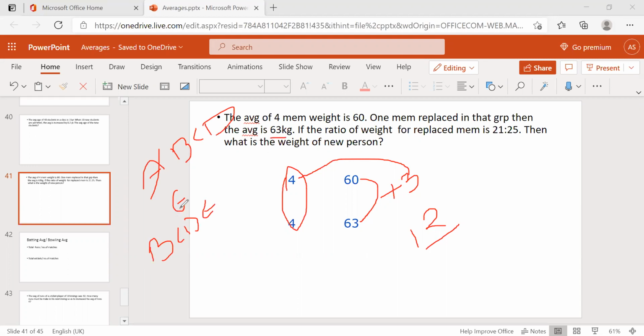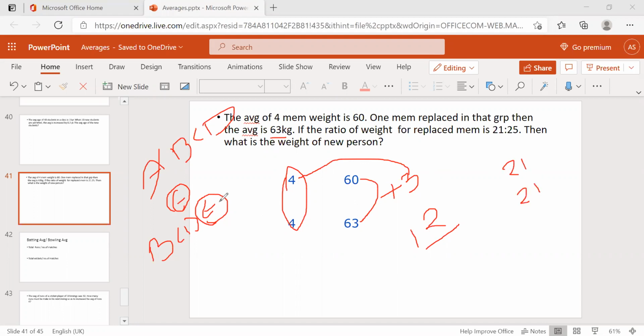So who joined the group? I mean, replaced in the group? E, right? See, E's weight is 12 more. But here they gave the ratio, right? They gave the ratio, it's nothing but 21 and 25.